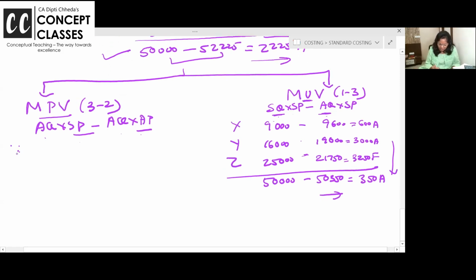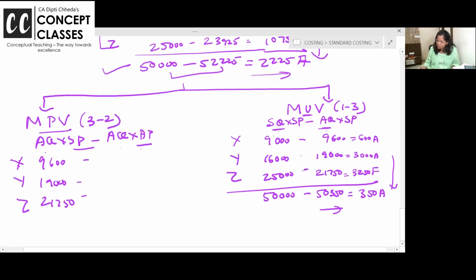3 minus 2. Let us do it for X, Y, Z. You need a little patience for doing these kinds of problems. 9,000, 16,000, 25,000. Oh, sorry, 3 minus 2 it is. 3, yahan pe likha hai, you can copy from here: 9,600, 19,000, 21,750.